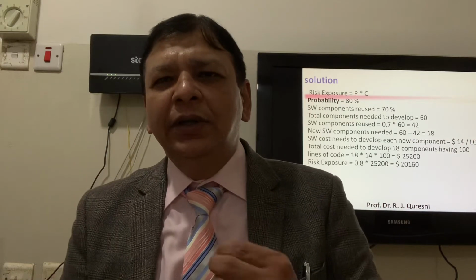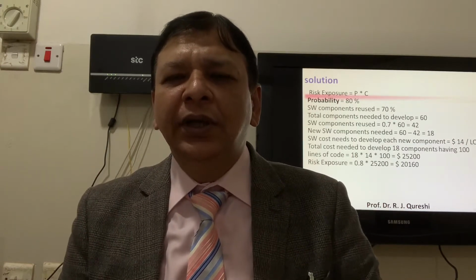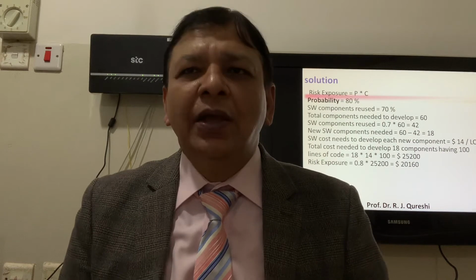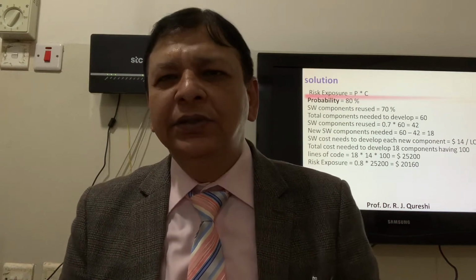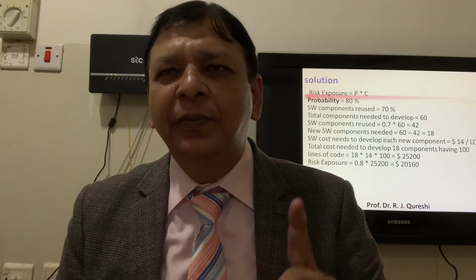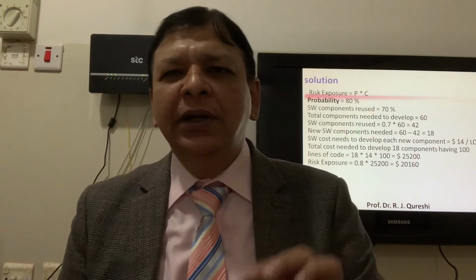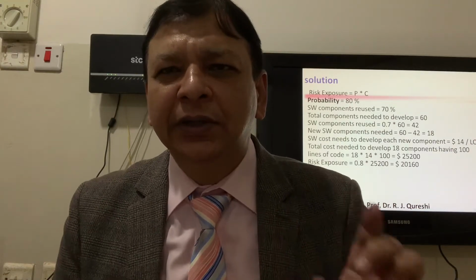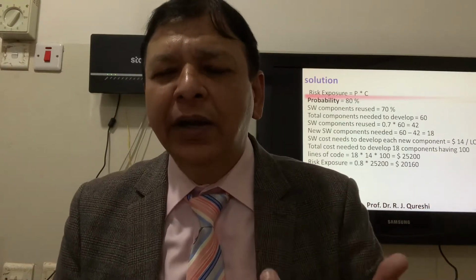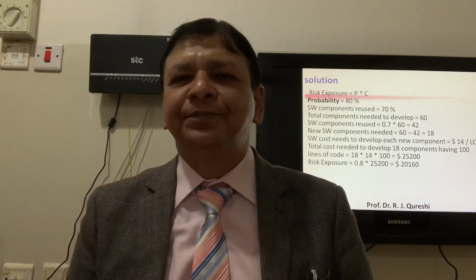Then we will calculate the cost impact of those 18 new components. So 18 multiplied by the average code is 100 LOC at the cost of $14 per LOC. 18 multiplied by 14 multiplied by 100, that is the expected cost we are spending to develop those new components.